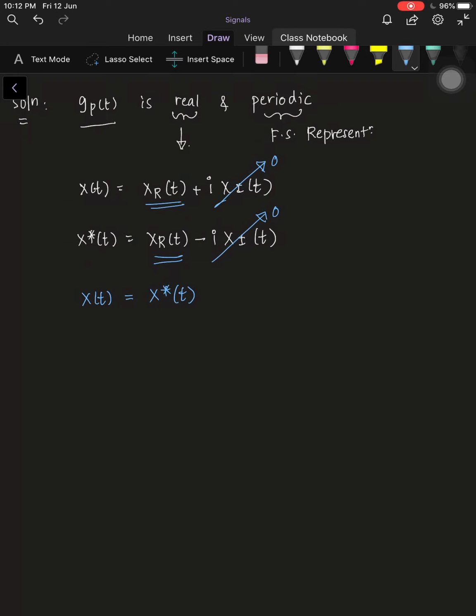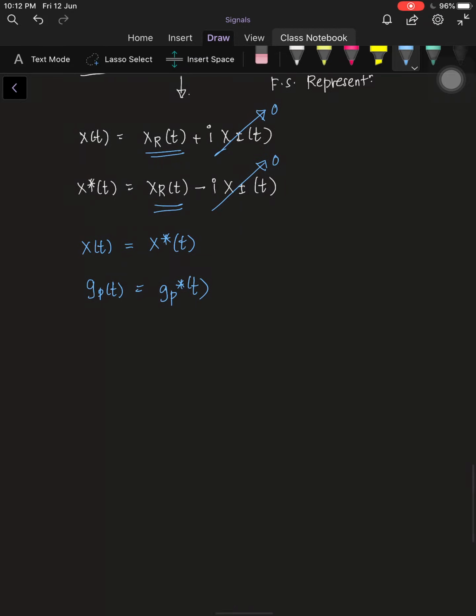Now given gp of t, applying the same concept, we get that gp of t is the same as gp star of t. By the convention of the Fourier series, the standard representation, the Fourier series of this signal gives us the Fourier coefficient Cn.